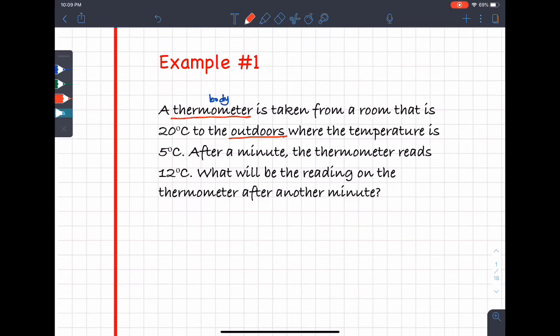Where are we going to place the object? Initially, the thermometer is in the room. However, to change the temperature, we are placing the thermometer outside. Therefore, our environment there would be the outdoors. Not the room, because initially it's in the room. The environment is where we are going to place the object, for the body to change its temperature. So outdoors would be our environment.